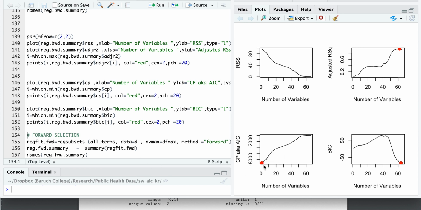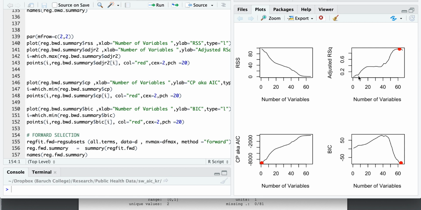The fact that the AIC here is so small in the beginning and it becomes larger is surprising. This looks more reasonable. Something goes up and then goes down, and it's around 60. And here we have the BIC, which goes down. Again, we don't see the shapes we like to see.